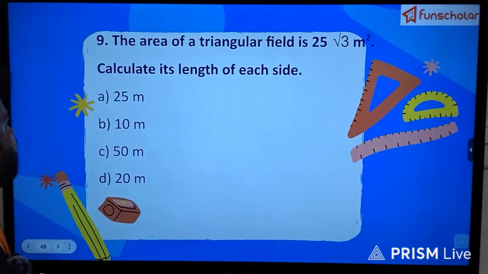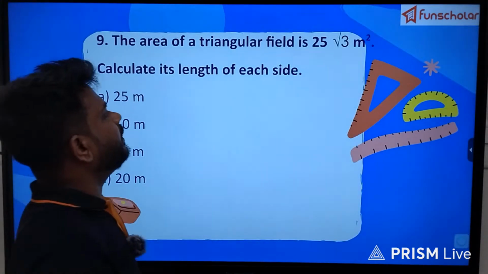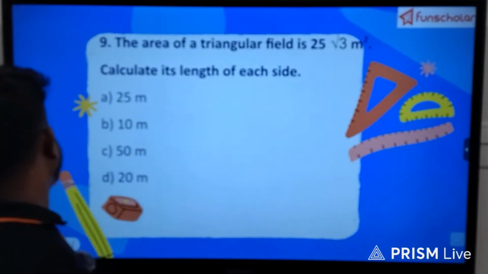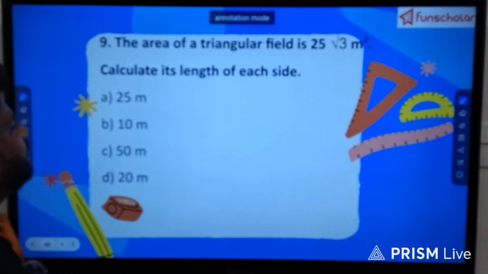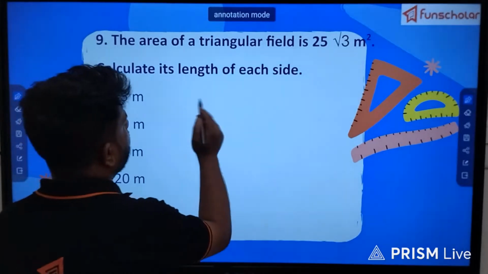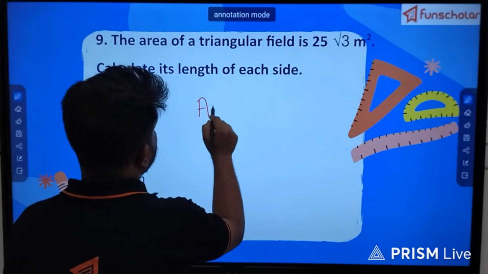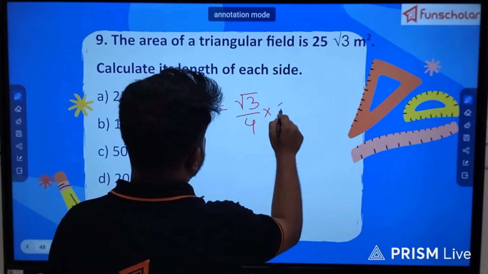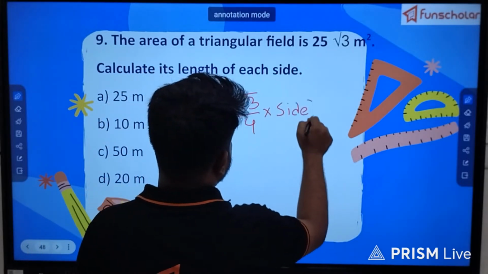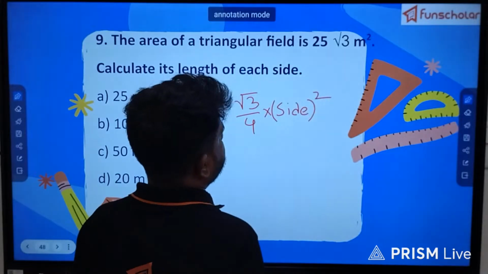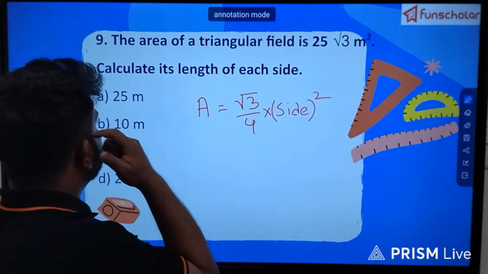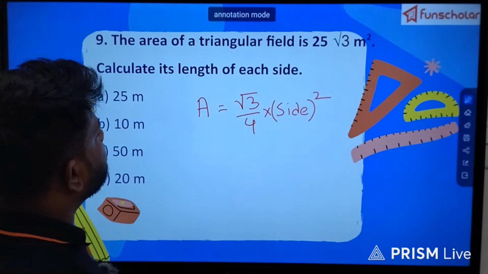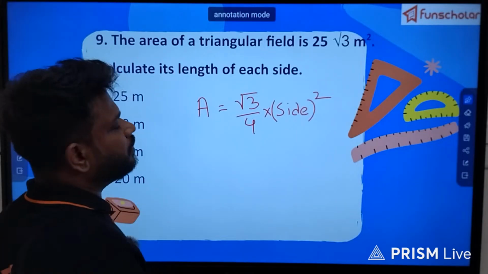The next one: the area of a triangular field is 25 root 3. Find the length of each side. From the formula we know that the area is root 3 by 4 into side square. So we calculate the length of each side.